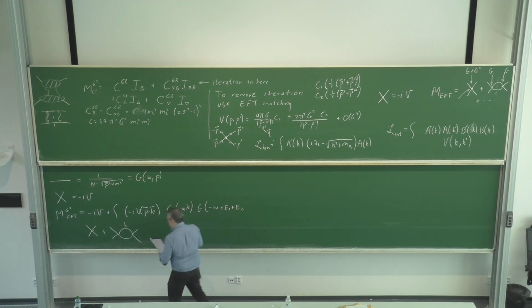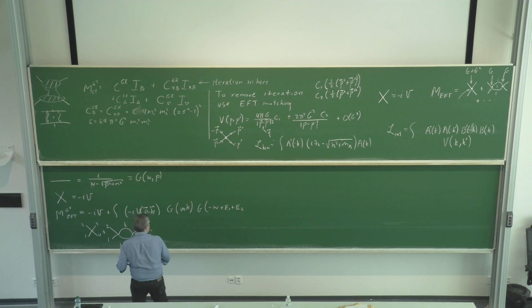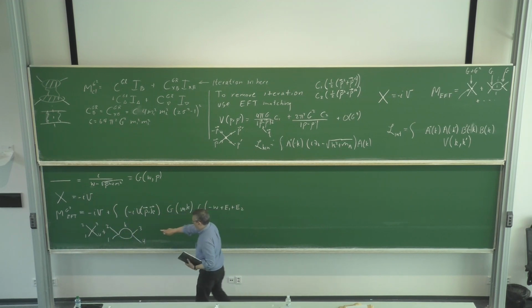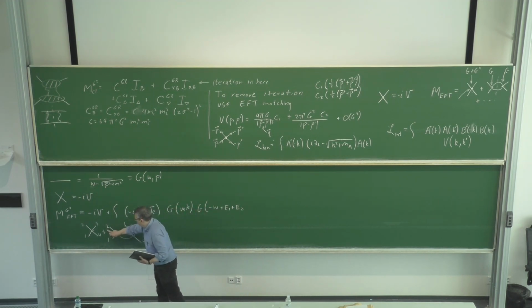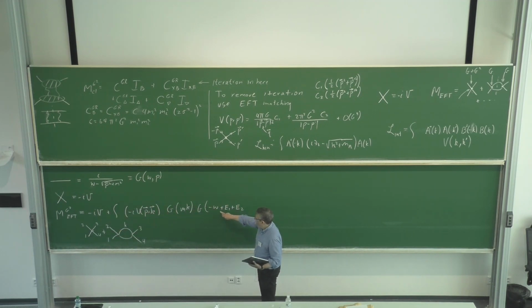Let's label where everything goes. That's 1 and 2, 1 and 2, 3 and 4, 3 and 4. So E1 and E2 are the energy of these two particles coming in. I'm just using energy and momentum conservation to write down the right propagators.